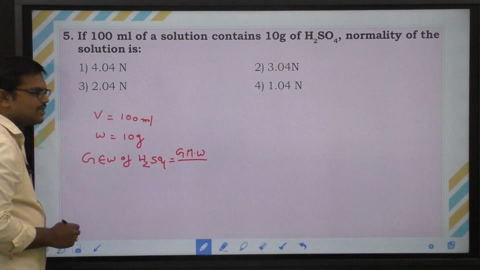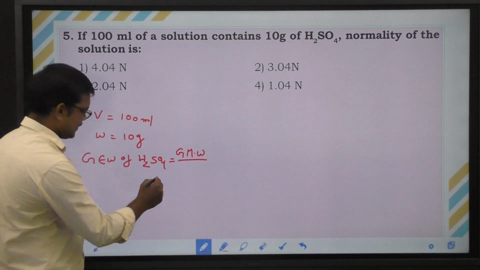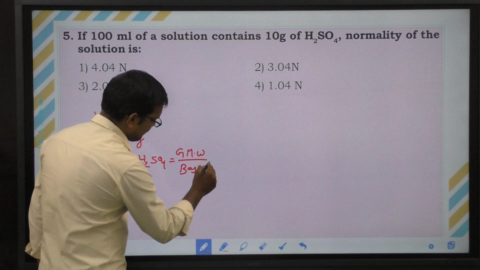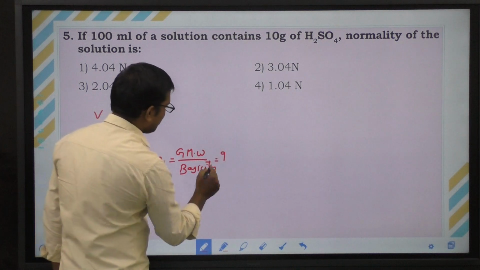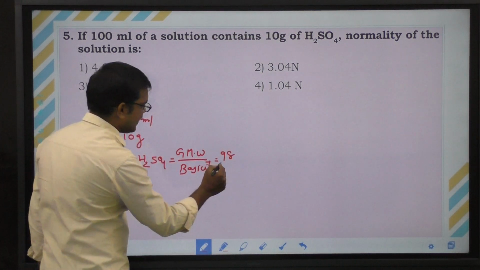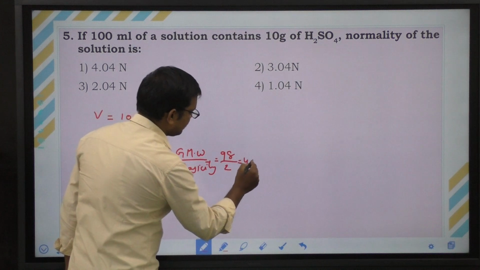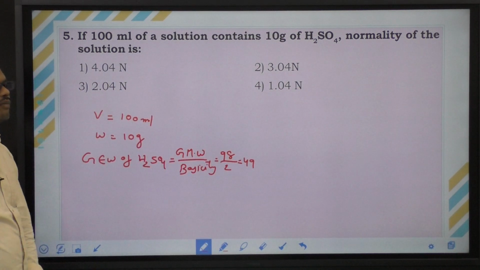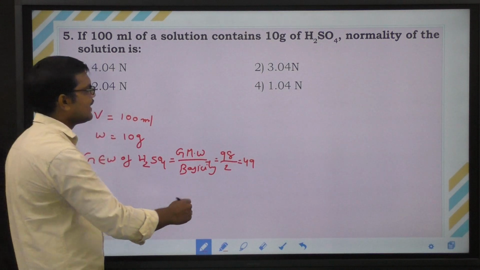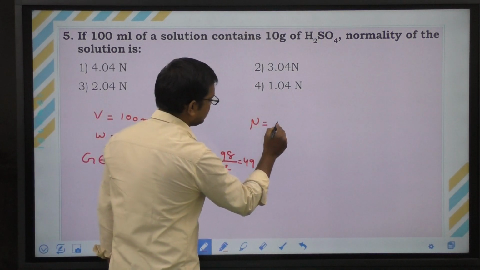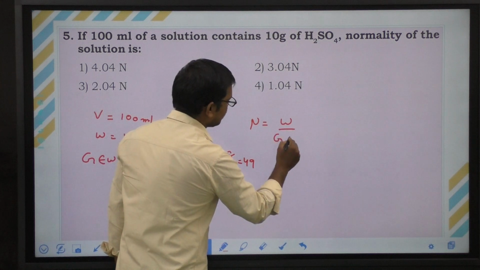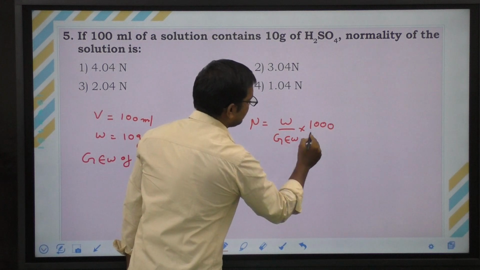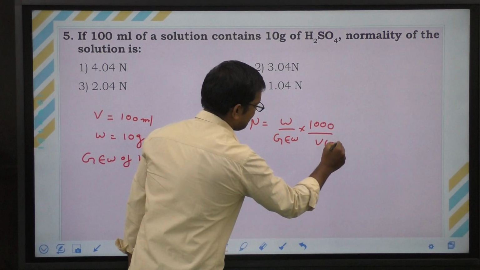The gram equivalent weight of H2SO4 is the gram molecular weight divided by basicity, since H2SO4 is an acid. The gram molecular weight of H2SO4 is 98, by 2 gives 49. You know the volume, weight and gram equivalent weight, so find the normality. Normality equals weight by gram equivalent weight into 1000 by volume in ml.